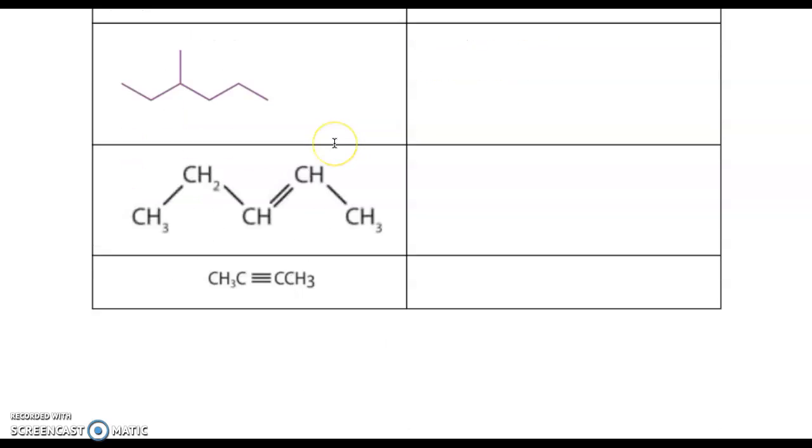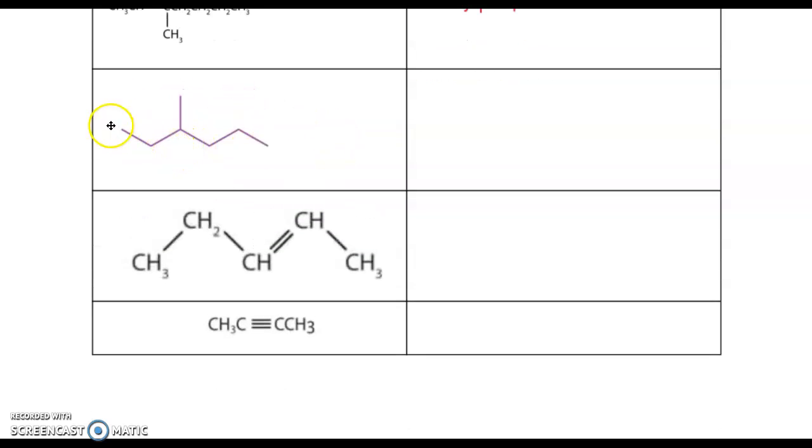Okay. Let's move on to the next one. This one is easy because it's an alkane, only single bonds everywhere. You just need to find the longest chain, the parent chain, and then see if there are any alkyl groups attached to your parent chain. So let's start from this end. 1, 2, 3, 4, 5, 6.